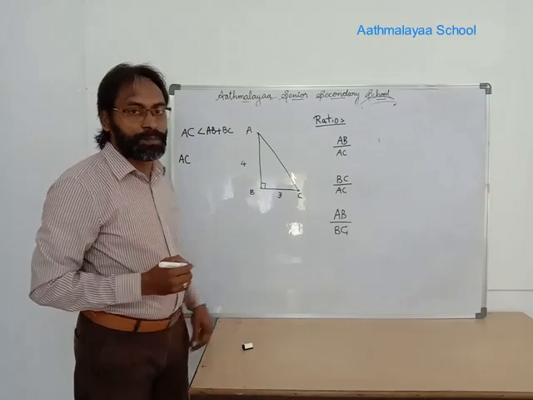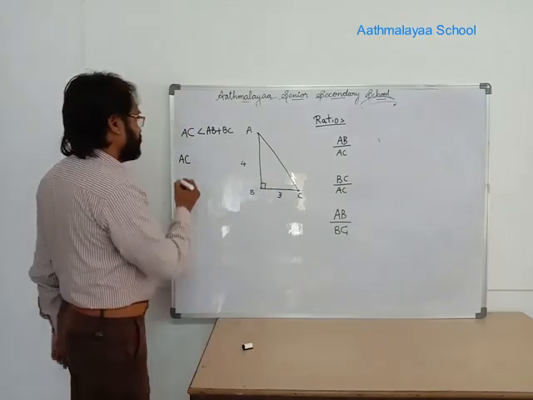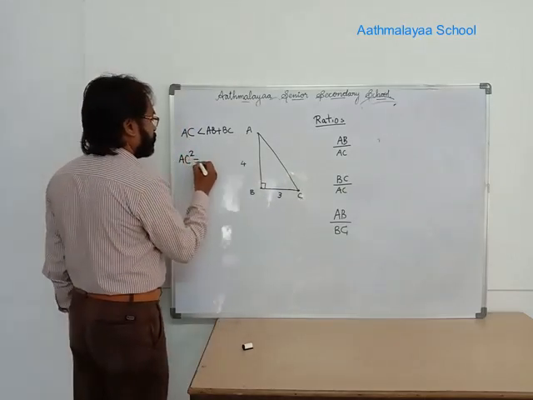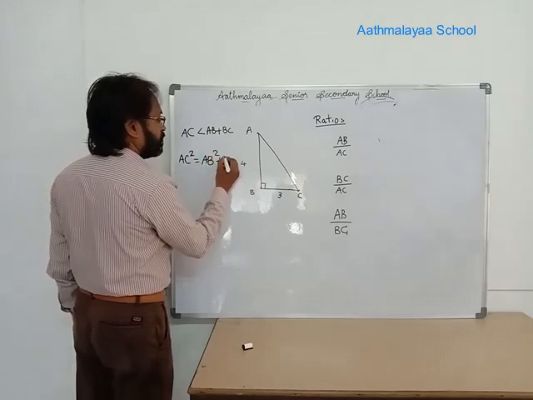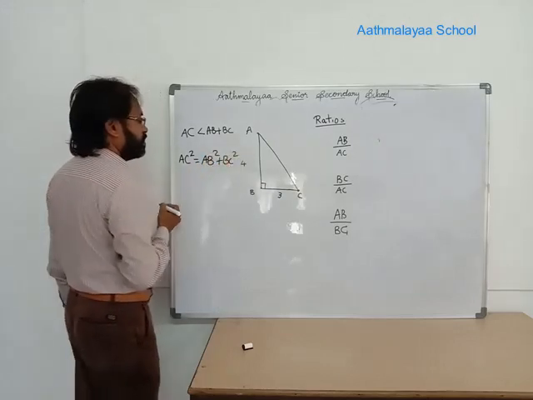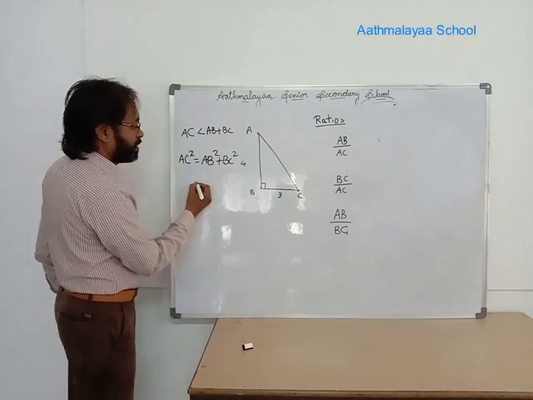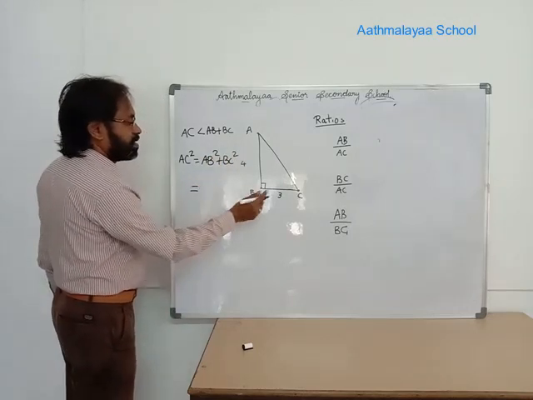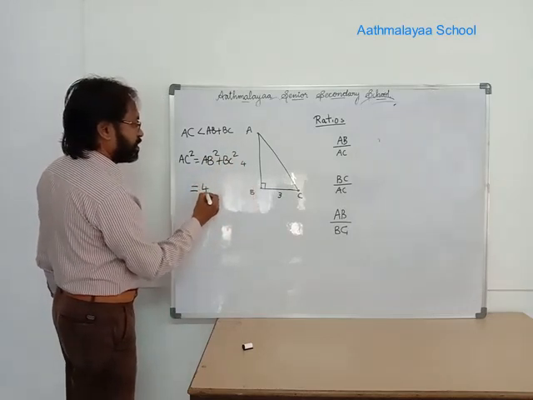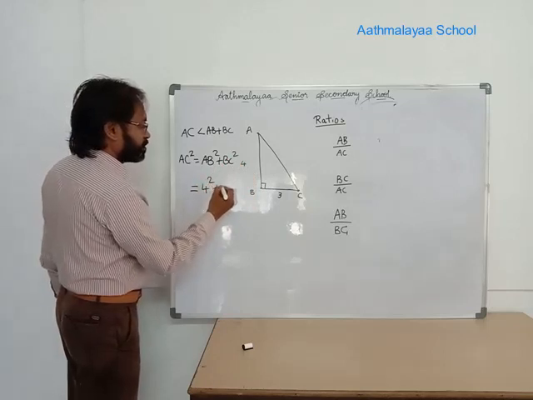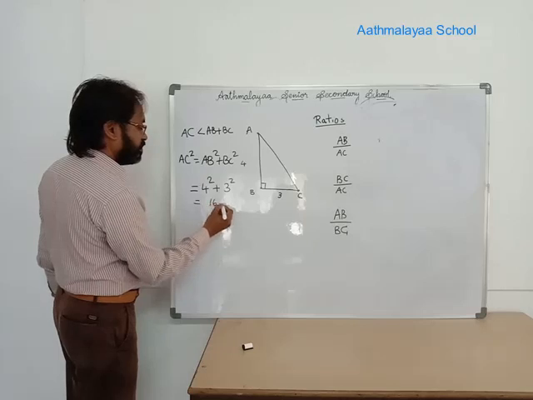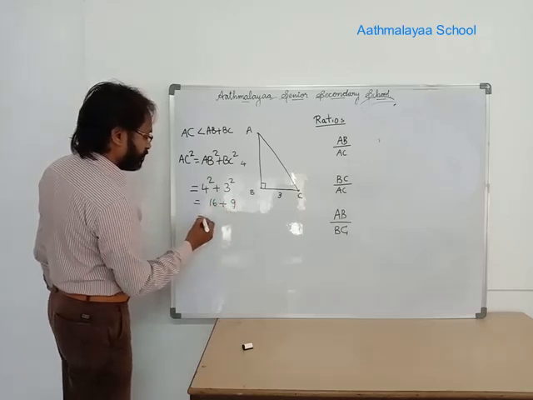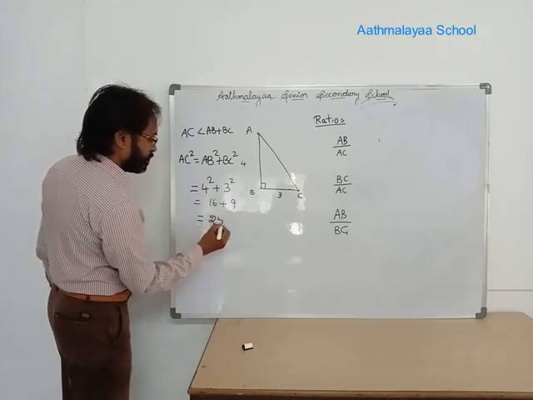We will use the Pythagoras theorem. You remember, AC square is equal to AB square plus BC square. So using this we can find AC square. AB square is 4 square, BC square is 3 square, which is 16 plus 9, equal to 25.